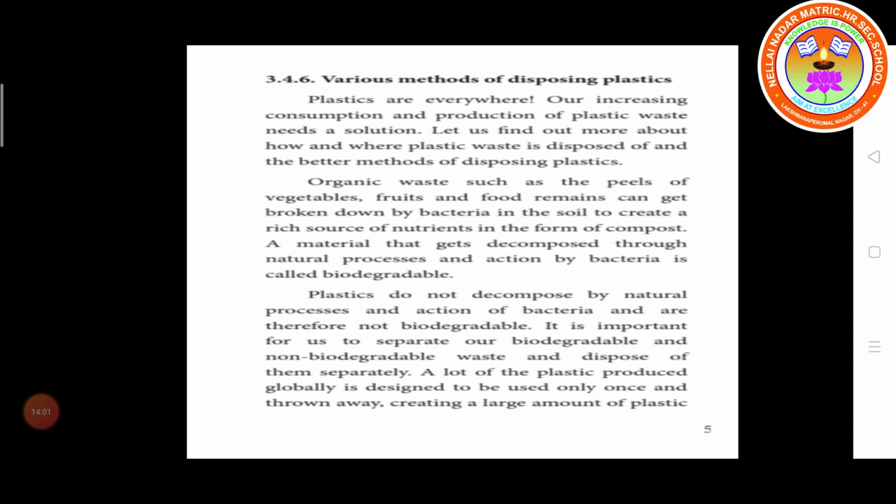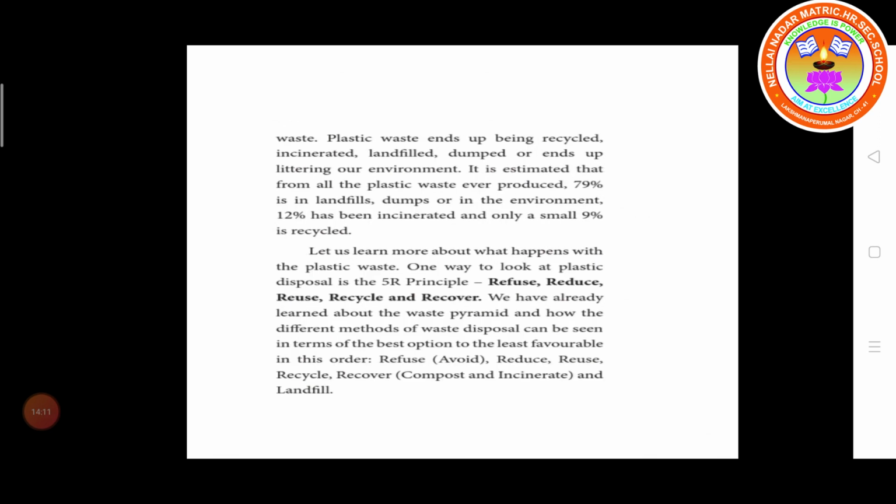A lot of plastic produced globally is designed to be used only once and thrown away. So it creates a large amount of plastic waste. The plastic waste ends up being recycled or incinerated, that means a burning process, or landfilled, dumped, or ends up littering our environment.